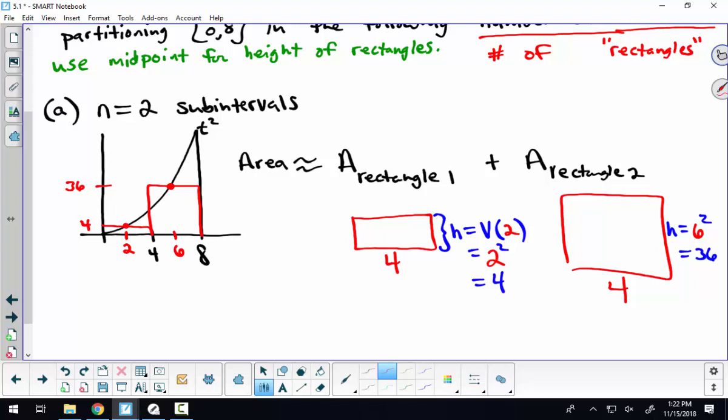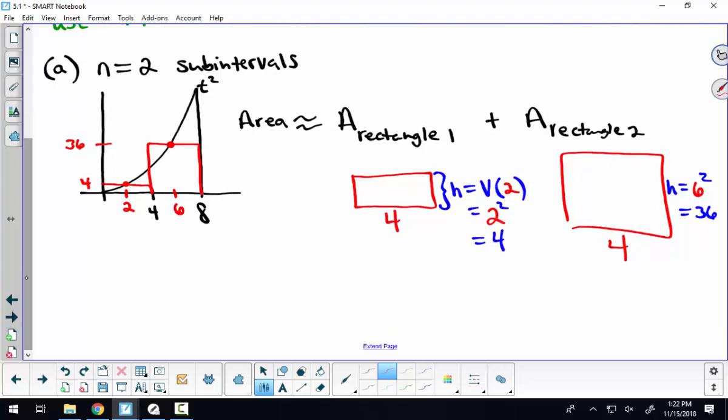That makes sense? Do you have any questions on that? All right. So the area is approximately base times height for that rectangle plus base times height for this rectangle.